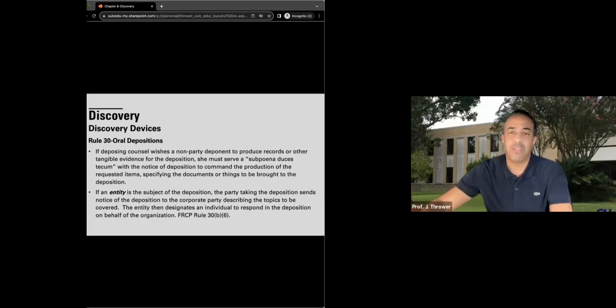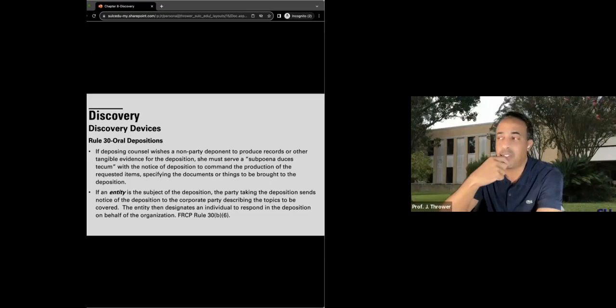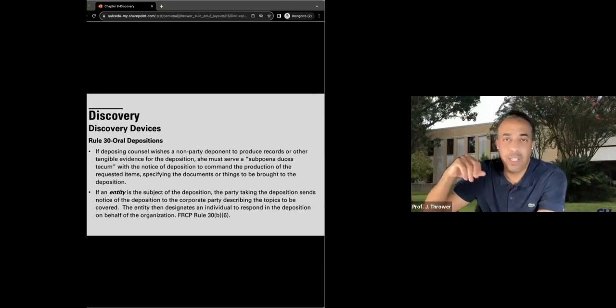Well, in those instances, Rule 30(b)(6) of the federal rules provides the procedure as to how to do it. If an entity or corporation is the subject of the deposition, then the party taking the deposition sends a notice of the deposition to the corporate entity. And that notice describes the specific topics that the requesting party would like to cover in the deposition.